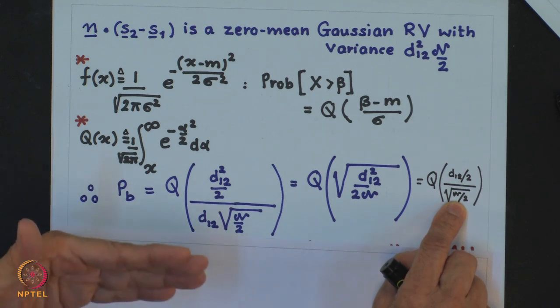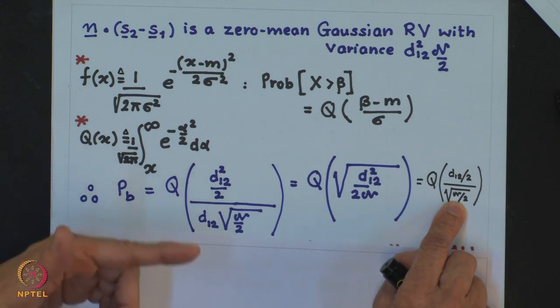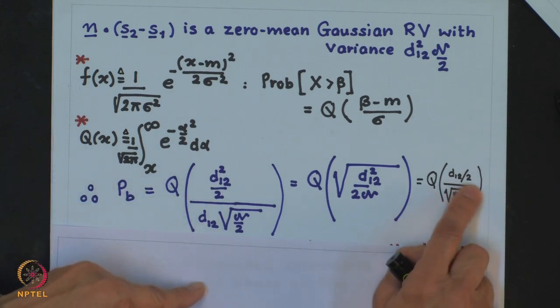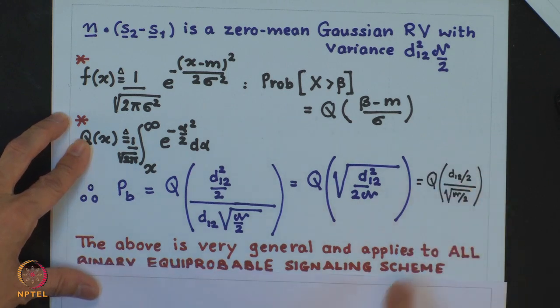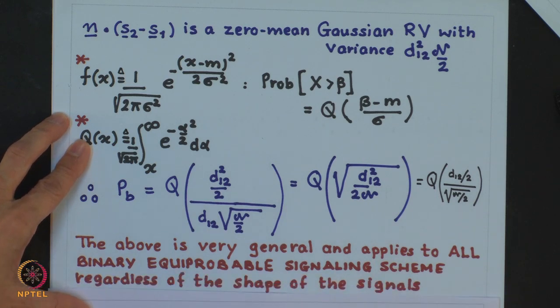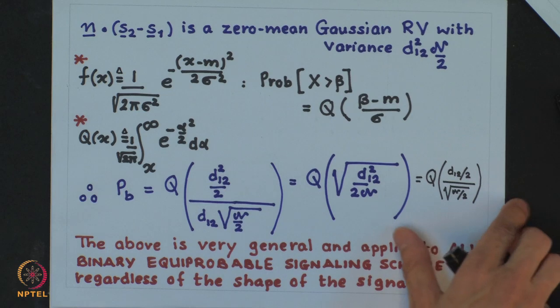And we know that if the input power spectral density is N by 2, then here also the variance will remain the same, N by 2. So this is the standard deviation. This is a very general formula to calculate the probability of error for equiprobable binary signaling schemes, correct. This is valid regardless of the shape of the signals.